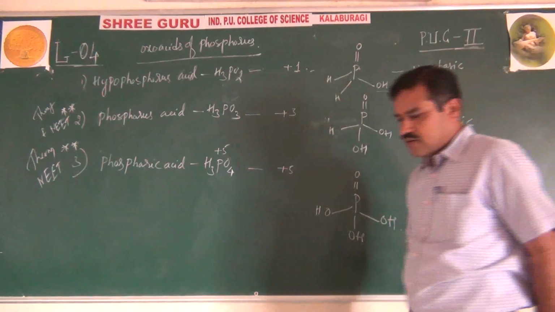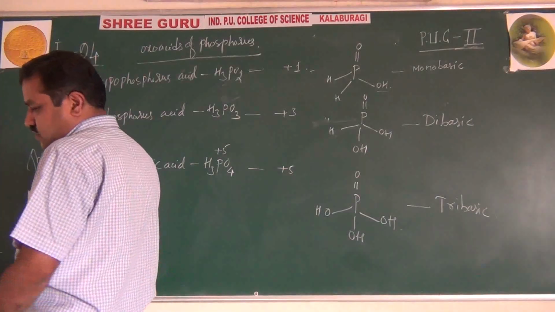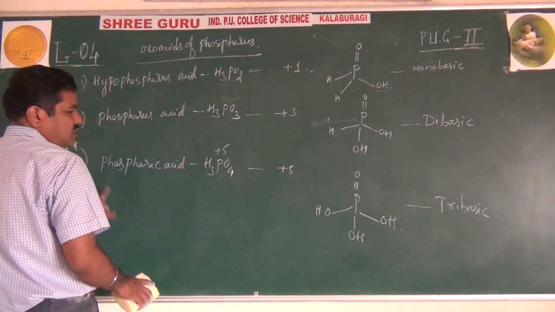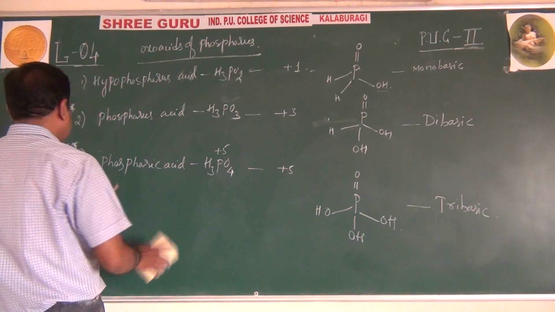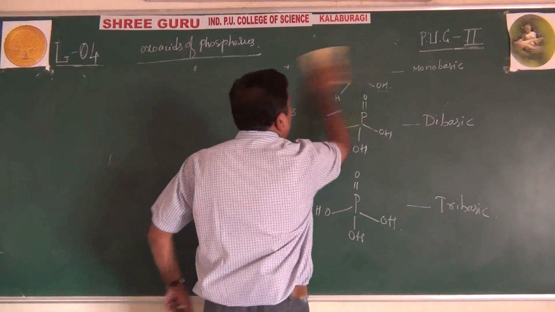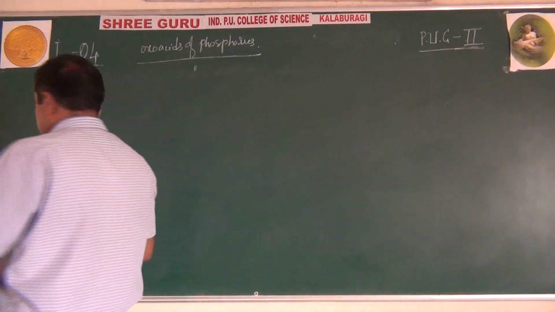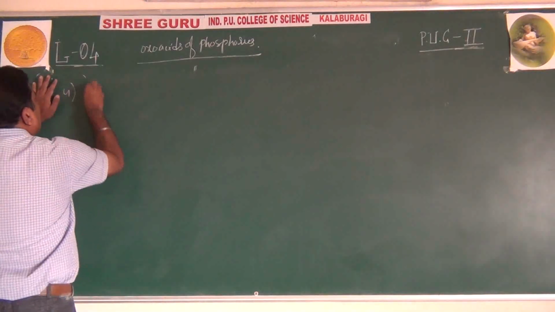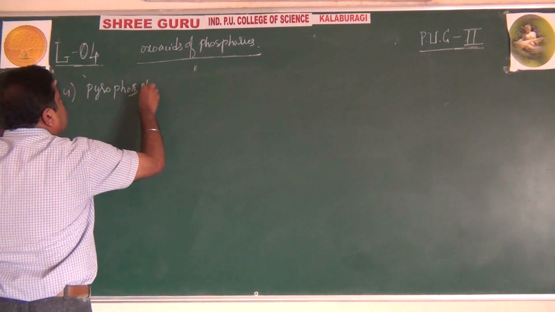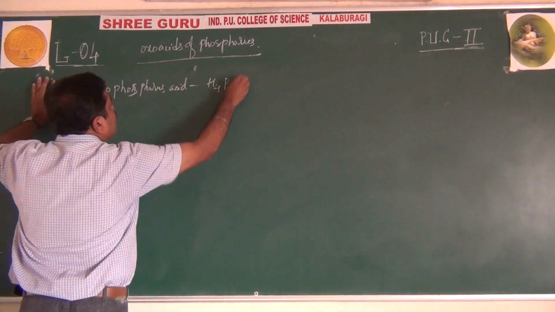But in higher oxidation state, they can also exist. Okay, let us see what those are. Pyrophosphorus acid, please remember this. In continuation, pyrophosphorus acid, H4P2O5.